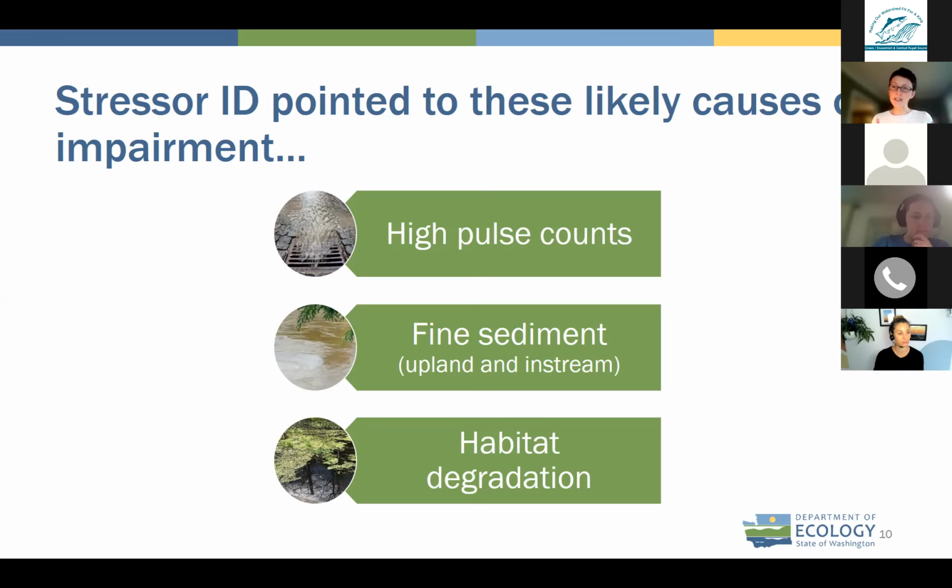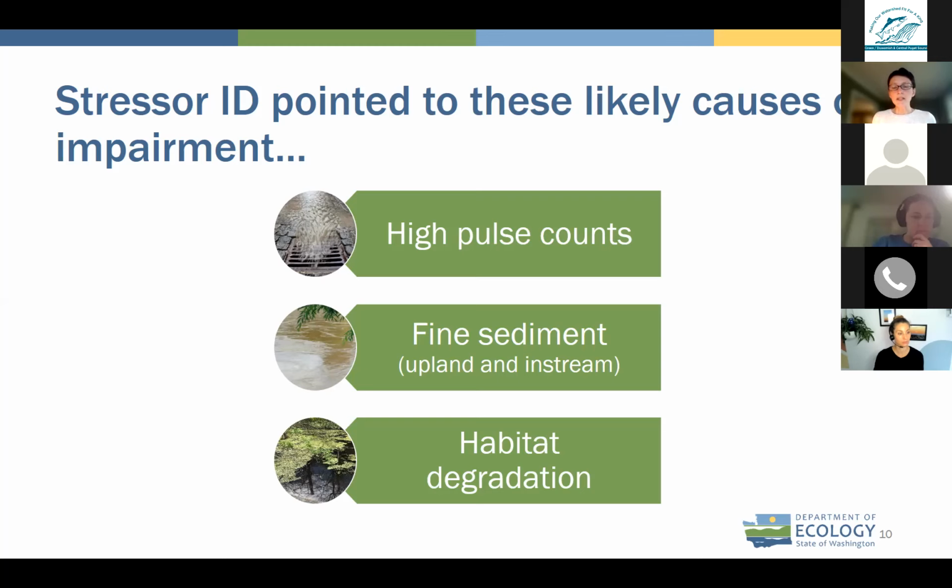But TMDLs exist at this intersection between science and policy, and that can make things not move as straightforwardly as we would like them to.